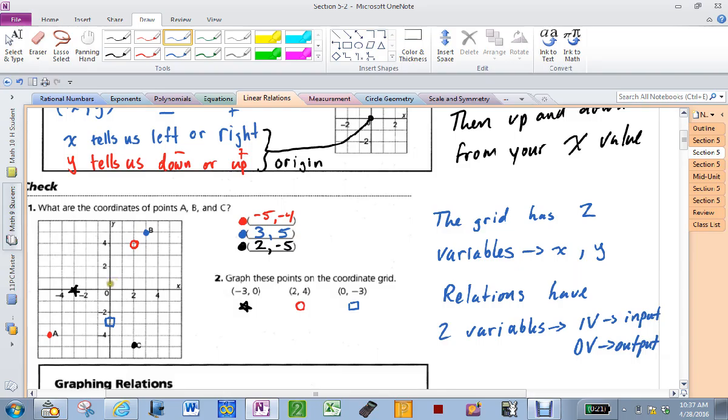If this graph thing has two variables, and you can make an equation that has two variables, what does that mean you can do with every equation? You can put it on a graph. Okay?